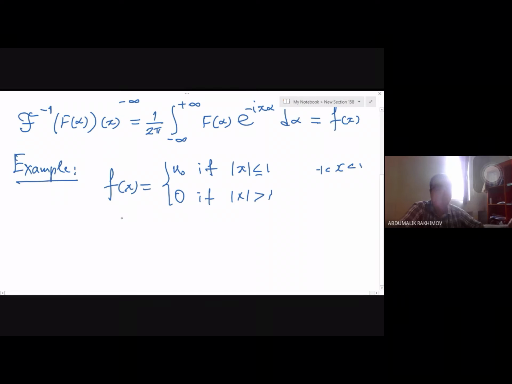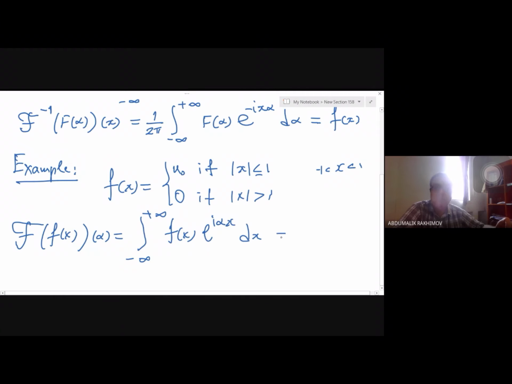So now what is the Fourier image of this function? Let's find it. It is the integral from minus infinity to plus infinity of f(x) exponential iota alpha x dx, right?